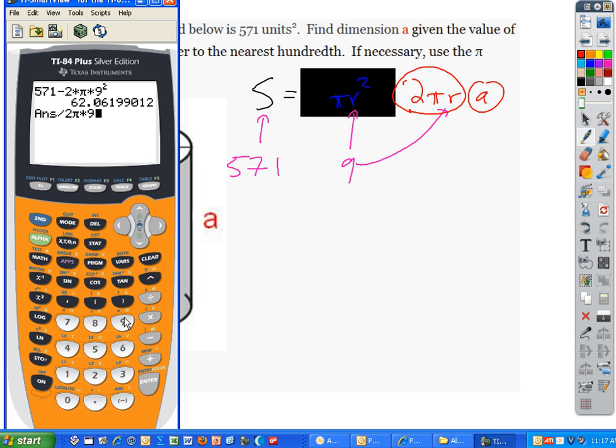So I got to go back, and I've got to put parentheses around the whole denominator, right? Now if I hit enter, I got it. I got rid of that stuff, and A is 1.097, so to two places, 1.10.